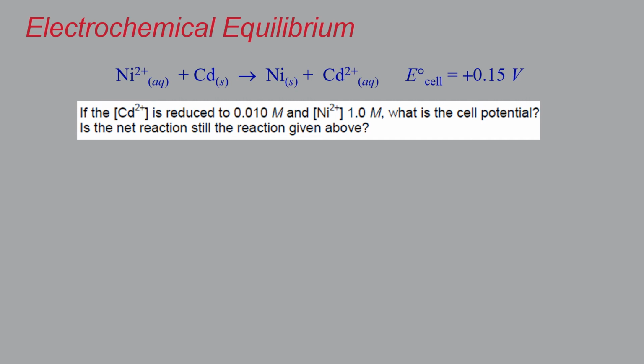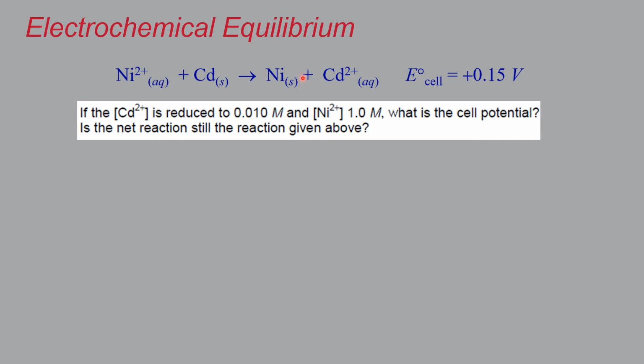So the proposition here is that we're going to reduce the cadmium concentration to 1/100th molar and leave the nickel concentration at 1 molar. So what's the new potential going to be? And do you expect the reaction to still be the one that is written here, or is it going to switch its direction of spontaneity? Will it be the reverse reaction?